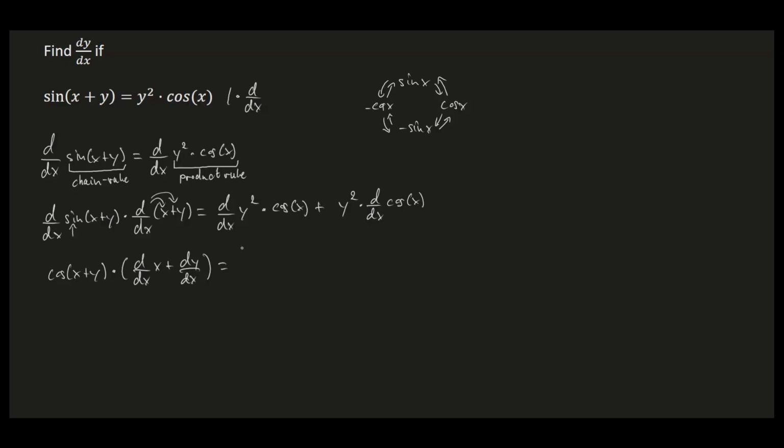And on the right hand side, we get 2y dy over dx times cosine of x plus y squared and minus sine of x, just like this.